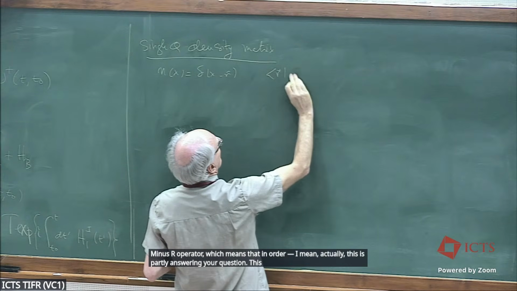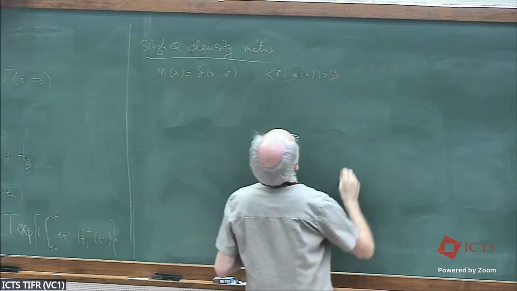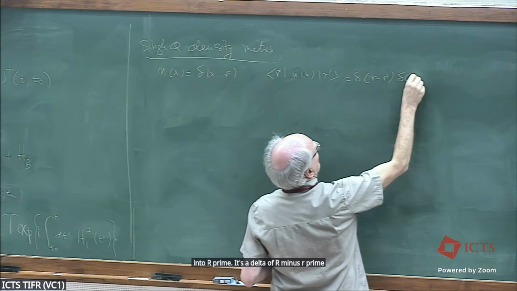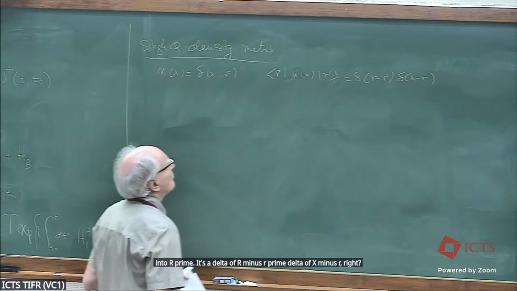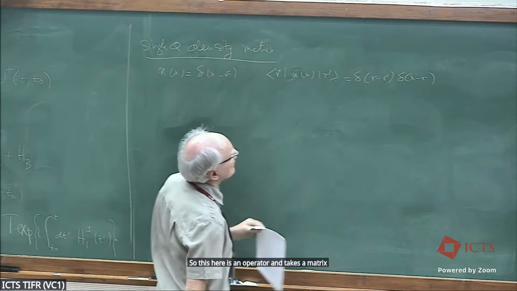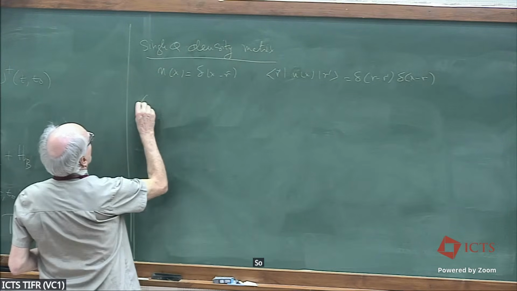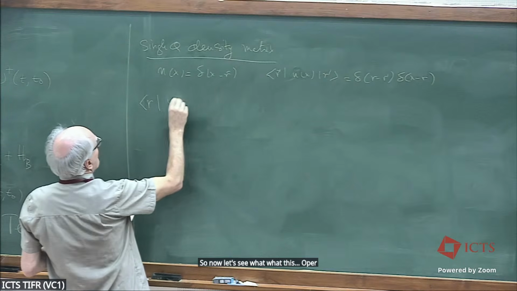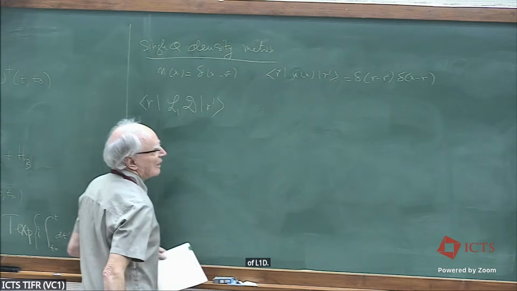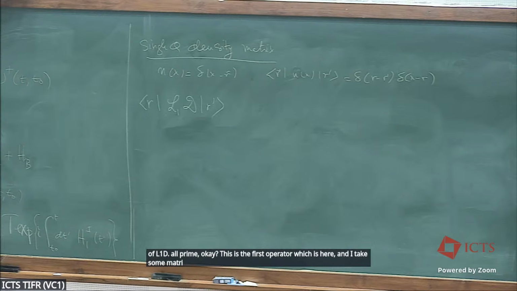This operator n of x, between r and r prime, is delta of r minus r prime, delta of x minus r. So this is an operator, and it takes a matrix element. This is diagonal, and it's a delta function. Now let's see what this operator does, so let me take the matrix element of L1 between r and r prime. This is the first operator, and I take the matrix elements.